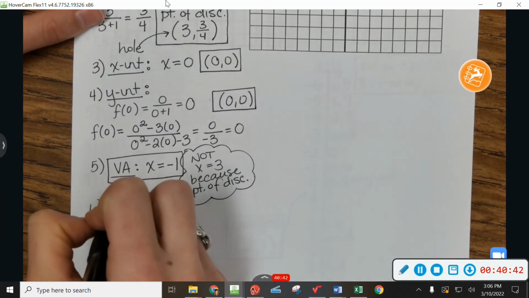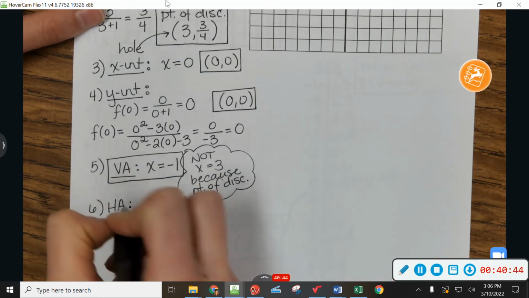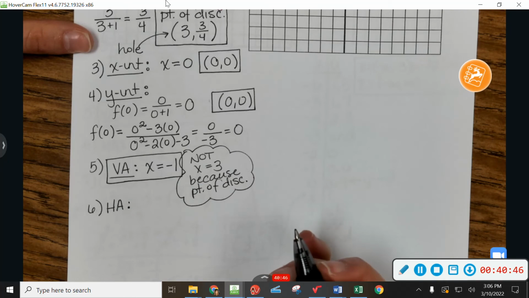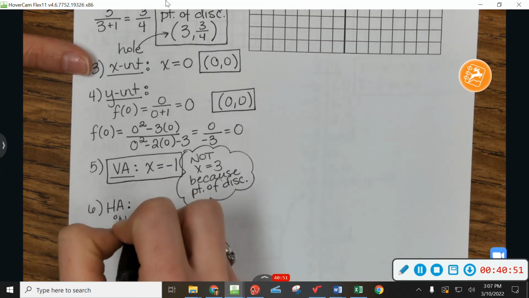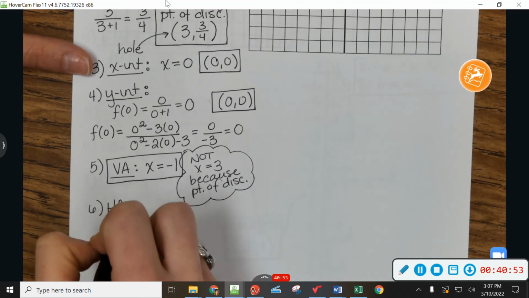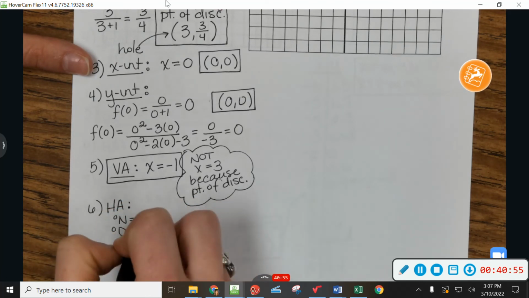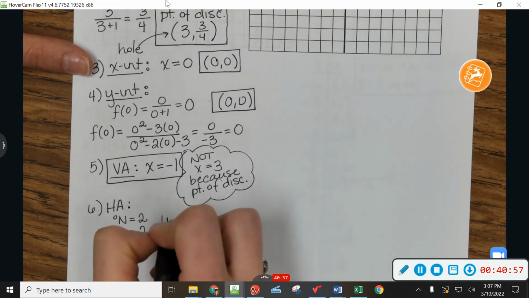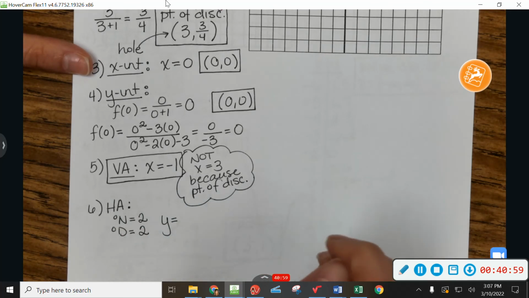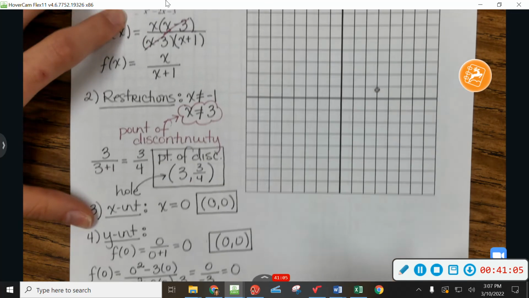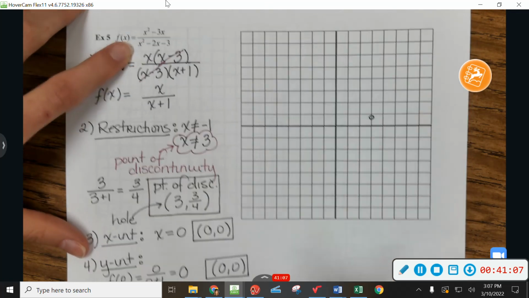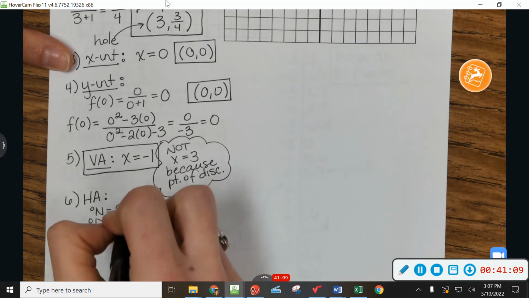So my horizontal asymptote, I look at the exponents of my numerator and denominator. The degree of my numerator is 2. The degree of my denominator is also 2. So I take the ratio of the leading coefficients. So what's my horizontal asymptote going to be? 1. Yep, I've got 1 over 1, so y is equal to 1.